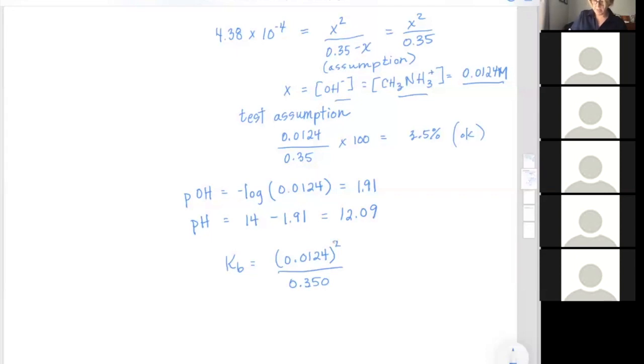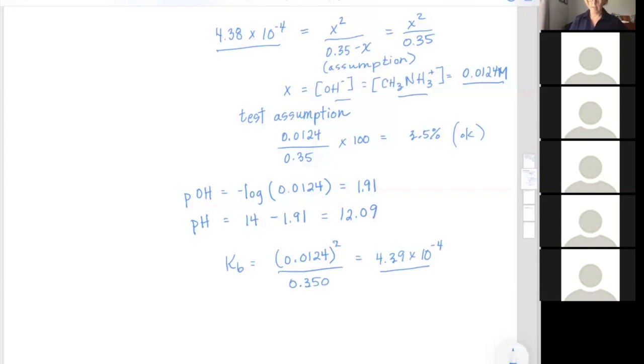And when we do that, hopefully we come up with a number close to our given Kb, and this is what it came out to be. And so since these are equal, or very close to being equal, we know that our answer is correct. So there are other ways that you can check your answers.